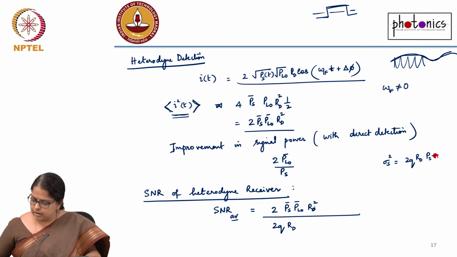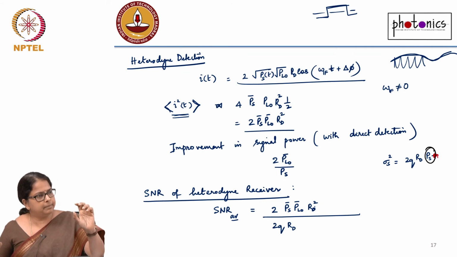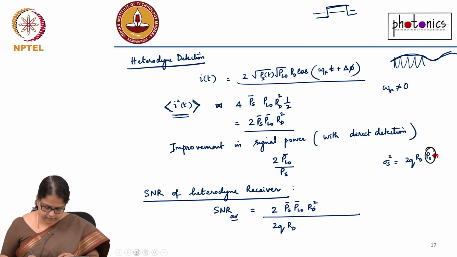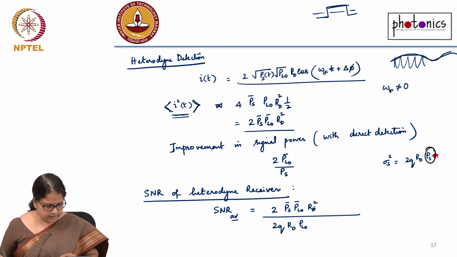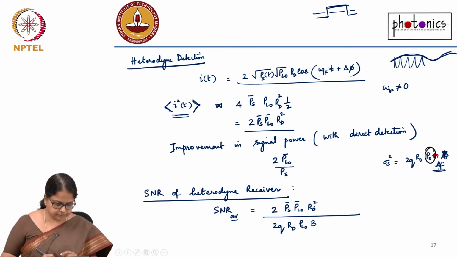So 2q RD PS was my shot noise, but instead of PS, what is the dominant power that's falling on the receiver? It's PLO. So all what I need to do is I have to just write it as 2q RD times PLO, of course multiplied by the bandwidth. Bandwidth we were using the notation delta F, right? So let's look at delta F. So this times the bandwidth.